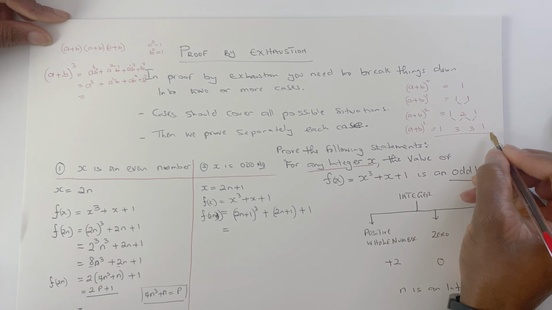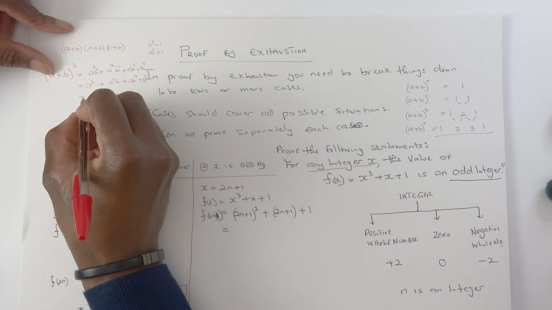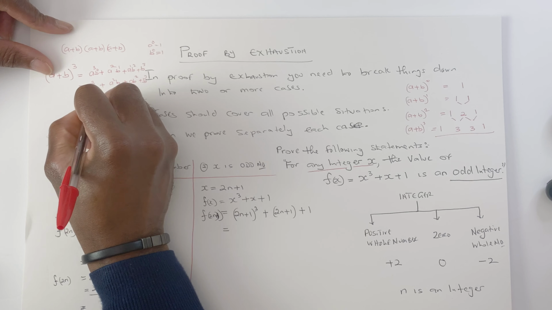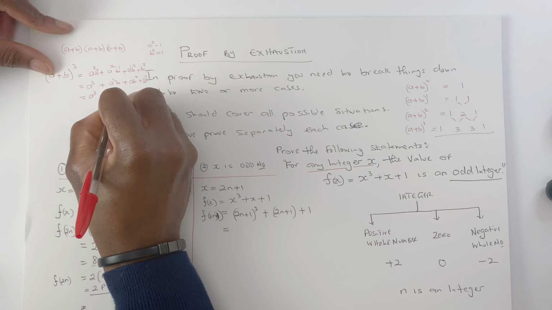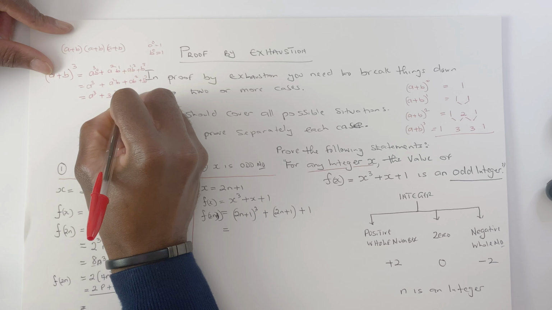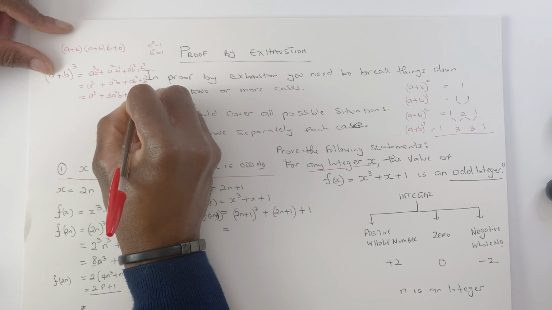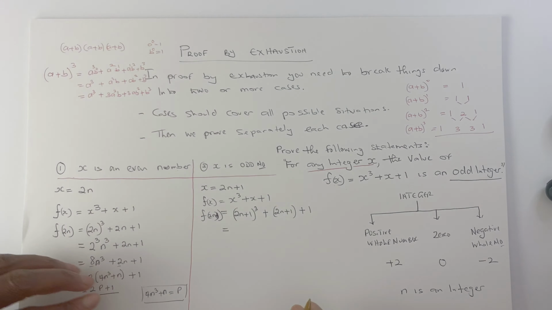So these are the coefficients of (a plus b) to the power of 3. So I come back here and put those in. I would then have a cubed plus 3a squared b plus 3ab squared plus b cubed. So that's my expansion there.